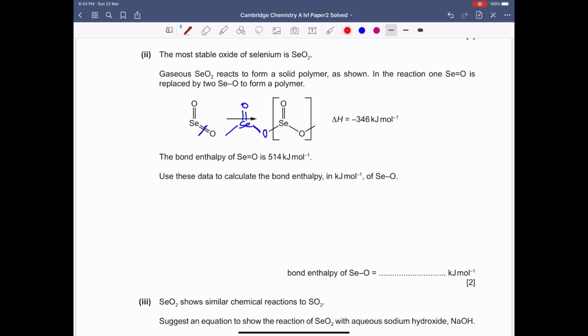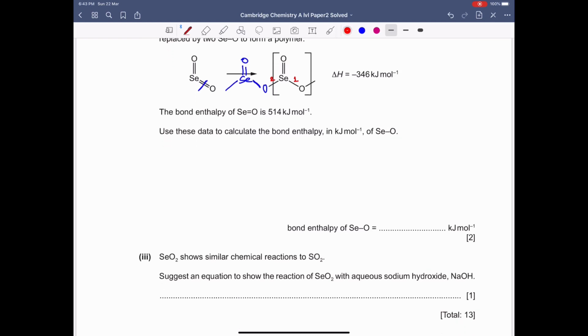So as you can see, one Se-O bond, and the second Se-O bond is over here. Now to do the math, it's going to be bond breaking minus bond forming equals enthalpy change. So enthalpy change will be del H.